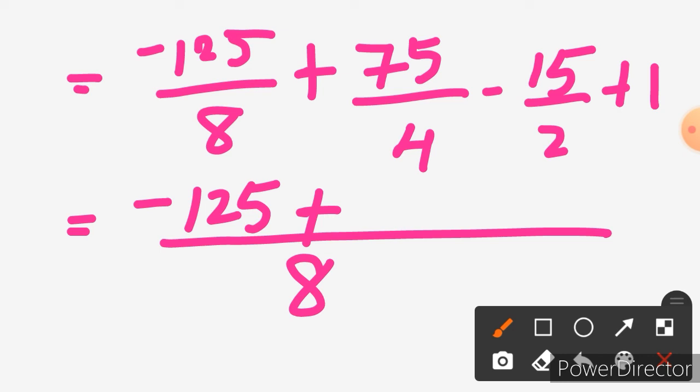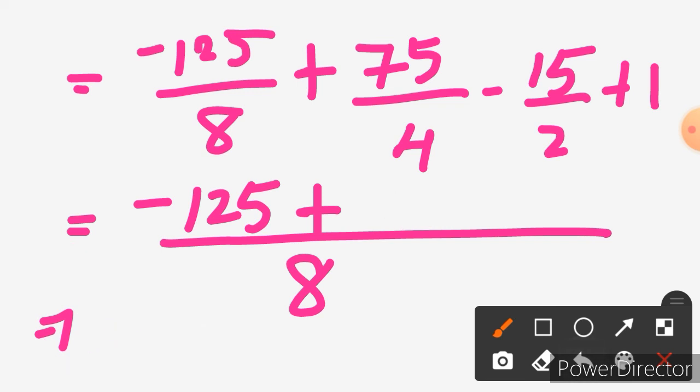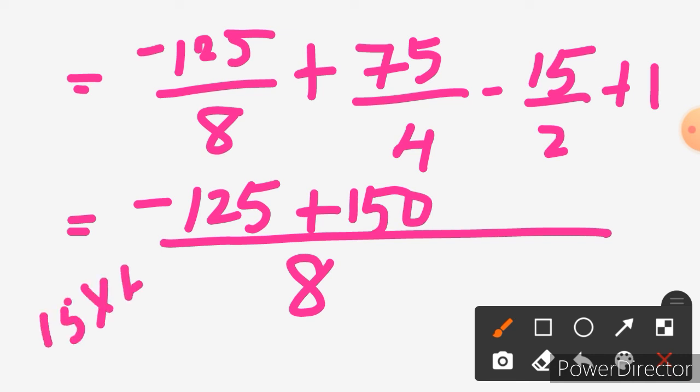Now in order to make this term 8, I should multiply by 2, right? So for the numerator also, if I multiply 2, what will I get? 75 into 2. 2 5s are 10, 1 is carried, 2 7s are 14, plus 1 is 15. So 150 I will get, minus, for this I should multiply by 4. 15 fours are how much? 4 5s are 20, 2 is carried, 4 1s are 4, plus 2 is 6. So 15 fours are 60.